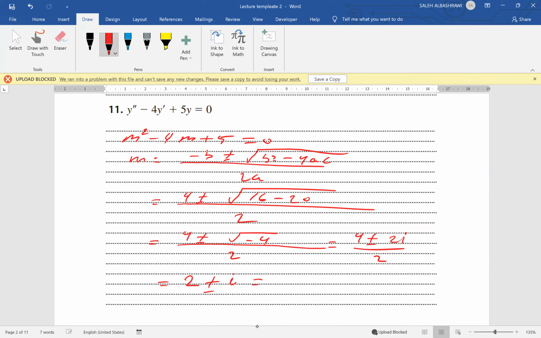This can be written in general as alpha plus or minus i beta.